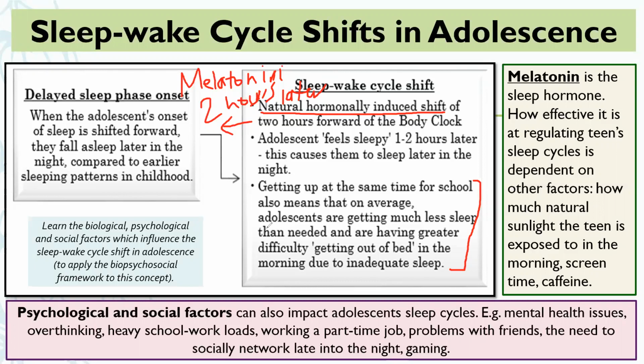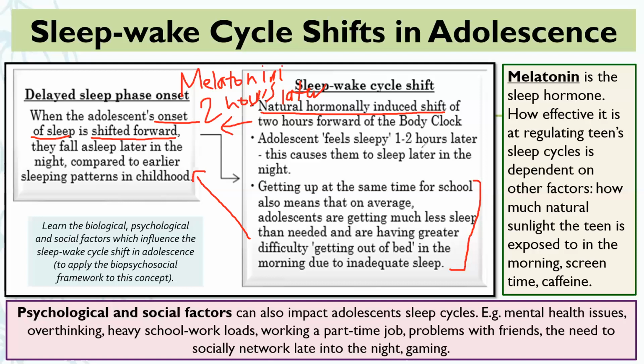The implication is that the adolescent's onset of sleep, which is the time they fall asleep, is shifted forward, which means they fall asleep later in the night compared to earlier sleeping patterns they might have had in childhood. So if you look at your younger siblings and think, they're so lucky, they can fall asleep by 9 o'clock or 10 o'clock and I'm just stuck here until 1 a.m.